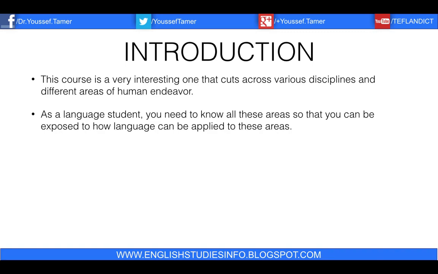And these three parameters summarize for us the main issues dealt with within the field of applied linguistics. Okay? Now, for you specialized in the field of linguistics, you need to know this branch. It's a very important branch for you to learn.